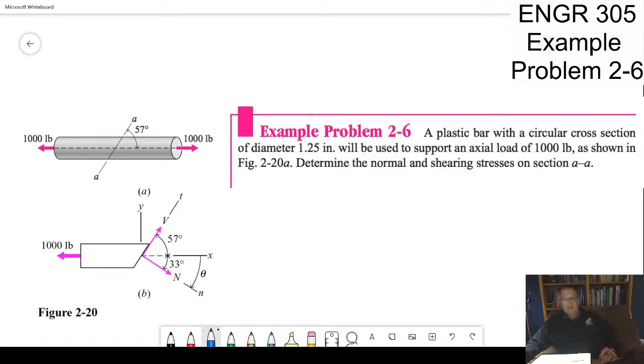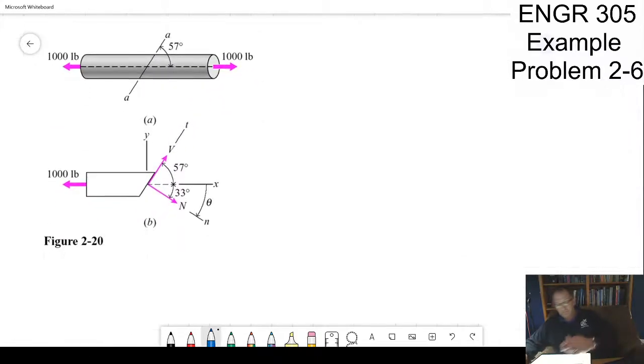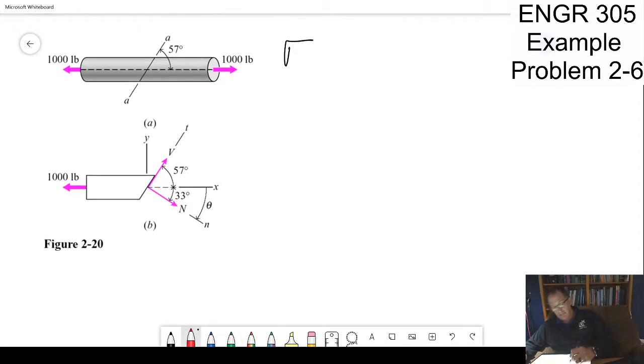So I think I'll start out by getting rid of the problem statement and sliding this up a little bit. If we were just looking at the stresses on this end face, the normal stress would be equal to force over area, and I'm going to put P because that's going to show up in the equation we're going to use.